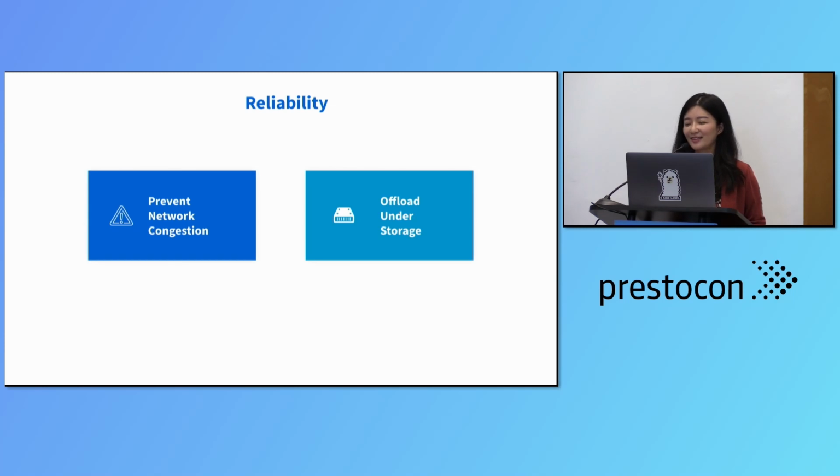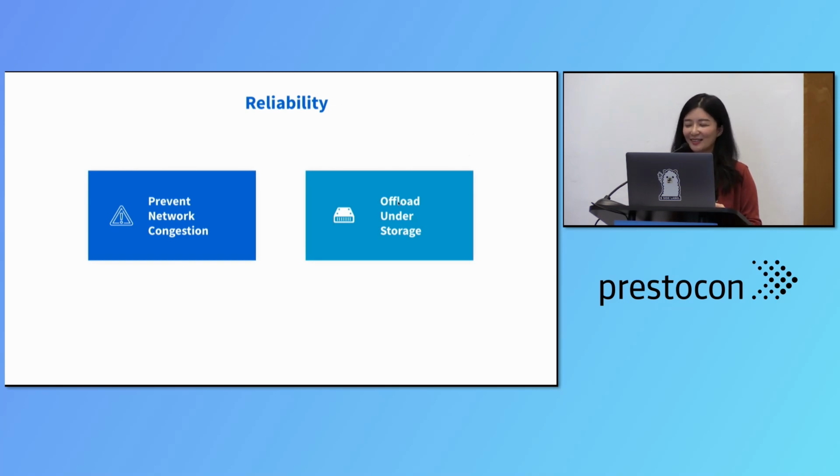And the same applies to the under storage, because there are limitations on how many requests the under storage can handle. So having a cache here can serve as a buffer or shield to protect your storage from being overloaded.